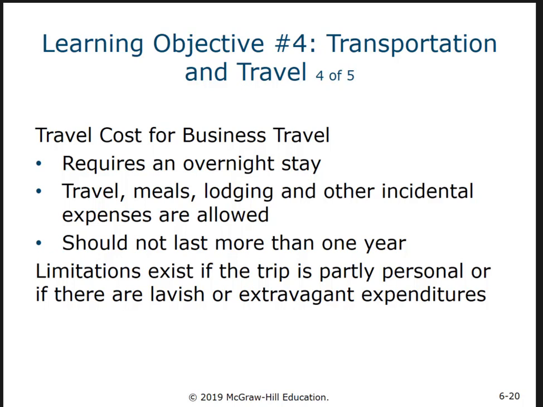Actually, the IRS publishes how much you can deduct, so you can actually know the amount. You don't even have to keep track of every little meal receipt or anything like that. You just have to have documentation of why you went and for what period of time.